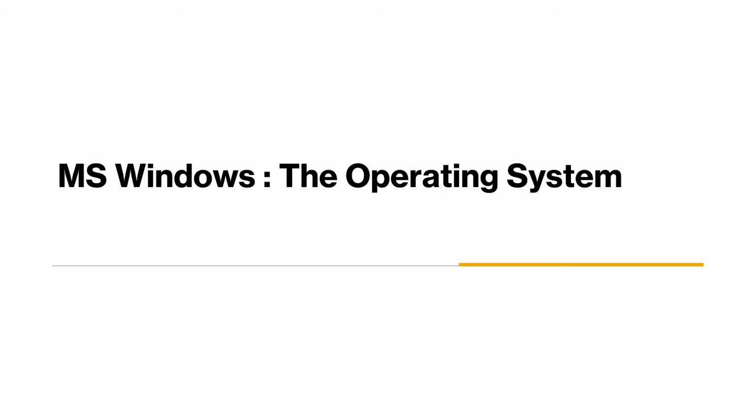You all know that Microsoft Windows is the most common operating system being used worldwide today. It is also called a GUI based operating system, that is graphical user interface based operating system, because we use it to communicate with the computer through graphics or pictures.